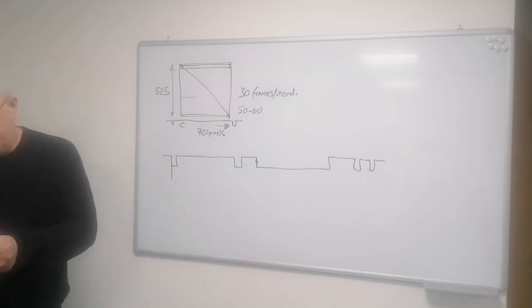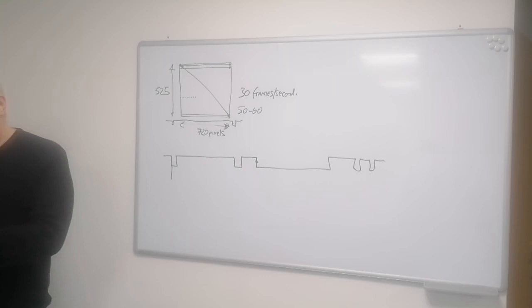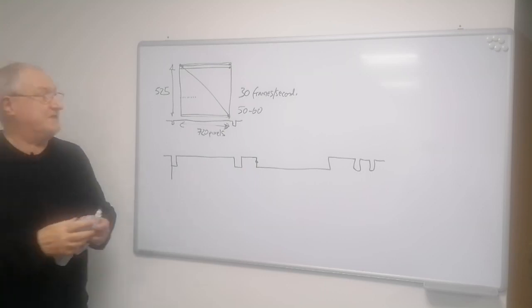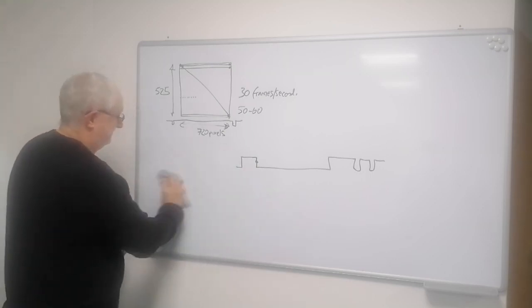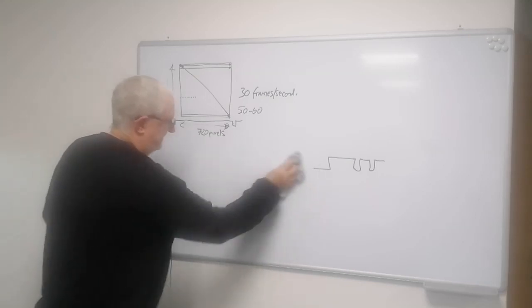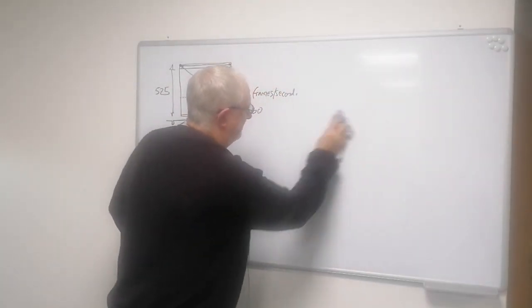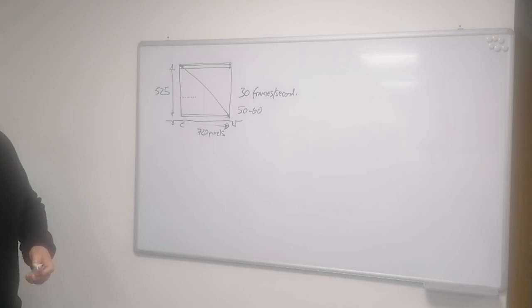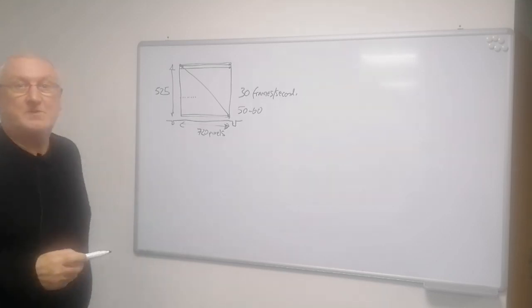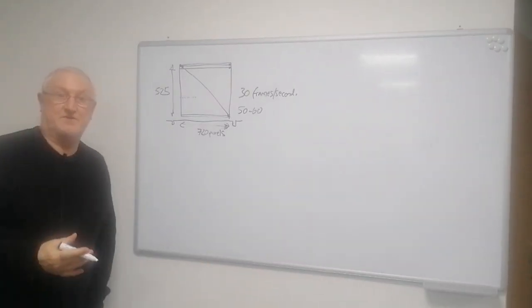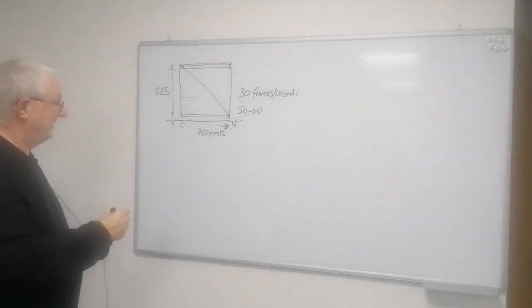On top of the synchronization information, we obviously now need to send picture information. Now, at the beginning of television, we didn't transmit color, we only transmitted what's called luminance, black and white information.